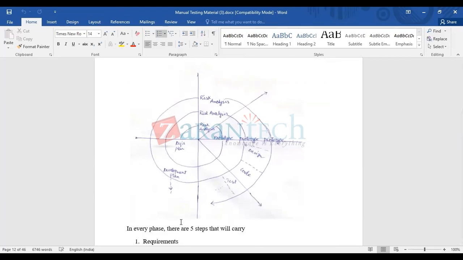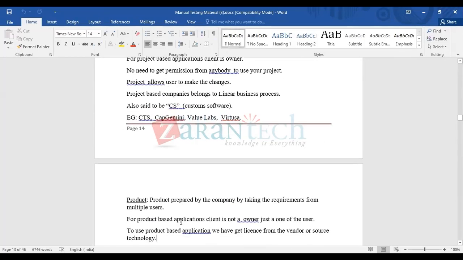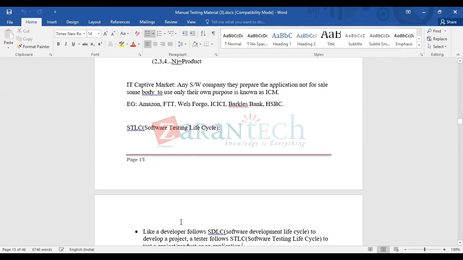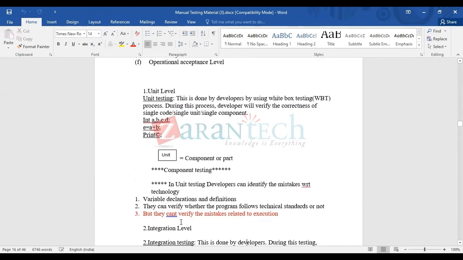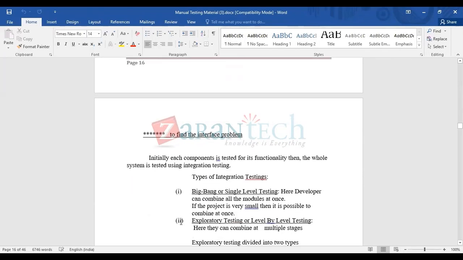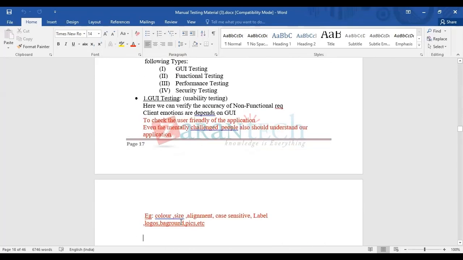System testing is divided into multiple types: GUI testing, functional testing, security testing, performance testing. But yesterday we completed only GUI testing, correct? Yes, absolutely.